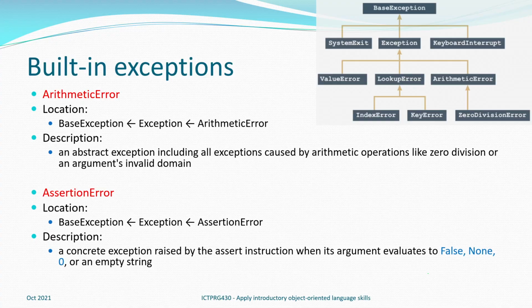Now, for those that didn't skip back a couple of slides, there's our zero division error, which is part of the generic arithmetic error. So we would have gotten 2 error codes out of that previous example.